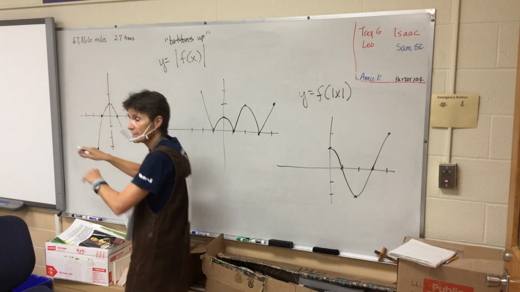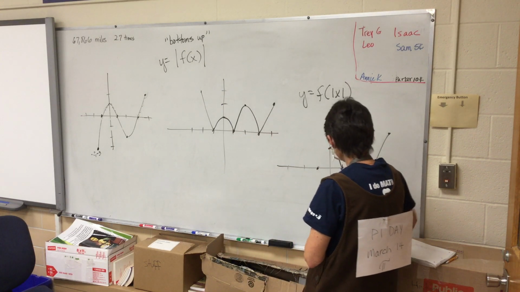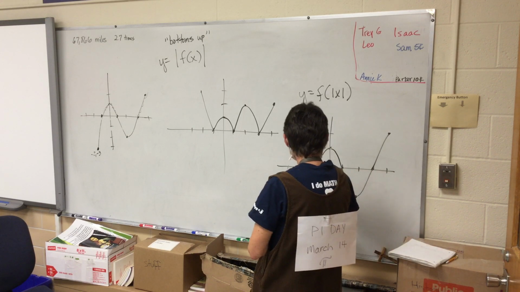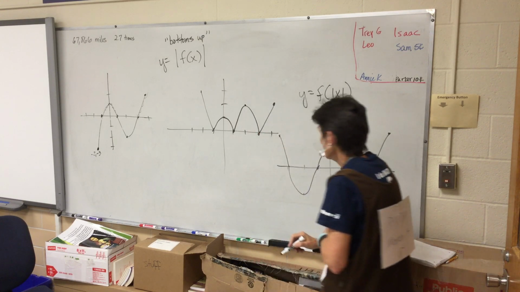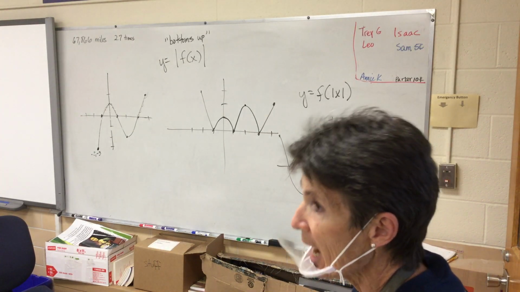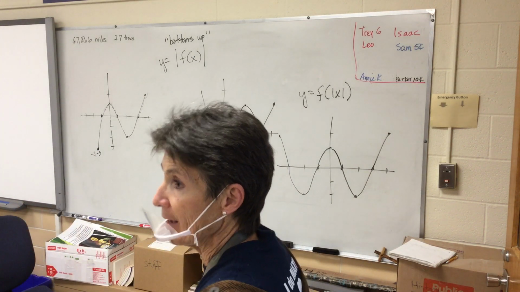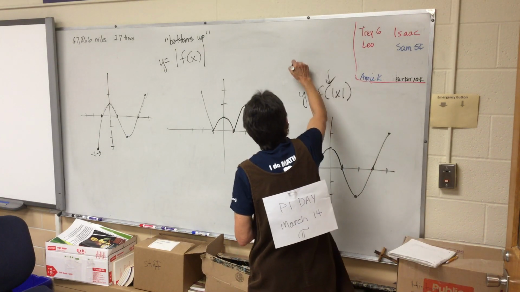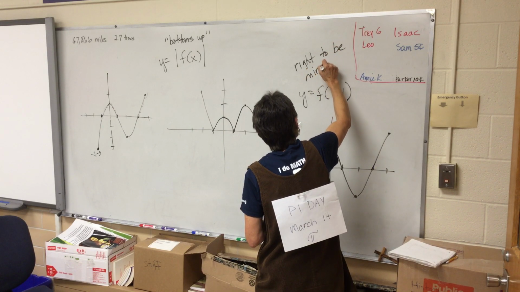Left side's history. And in its place, you have an exact reflection of this side. So this comes down like this, comes down like this, and this comes up like this. So whatever was on the right side of the picture gets mirrored onto the left.